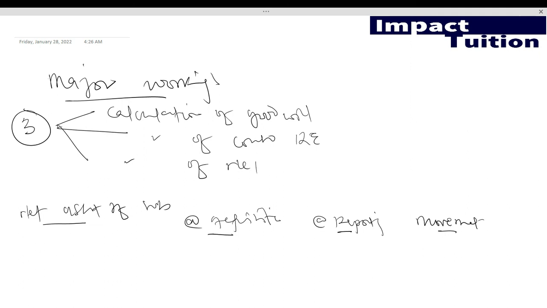Share capital of the subsidiary at acquisition, then the movement. Retained earnings at acquisition, at reporting, then the difference, which is the movement.